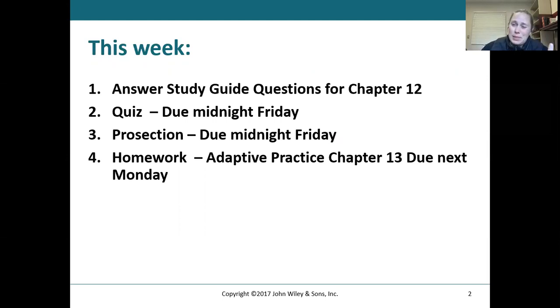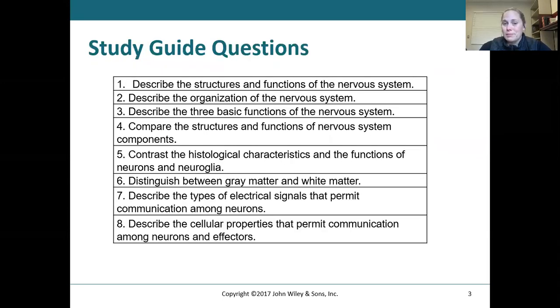Some of them talk about graded potentials, some of them talk about action potentials, and I think there's one other section about neurotransmission. And then also make sure you have completed your adaptive practice for chapter 13 due the following Monday. Again, hopefully this is no big surprise to you and that you're used to checking on your assignments on Wiley Plus and then doing your study guides before you come to class.